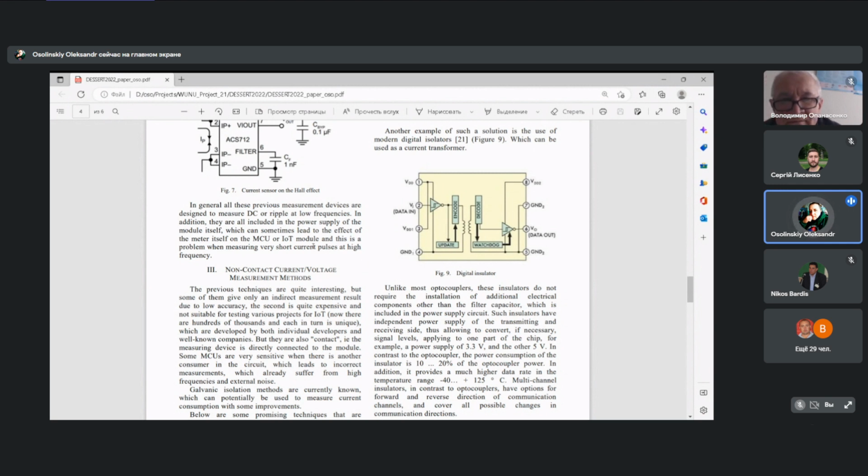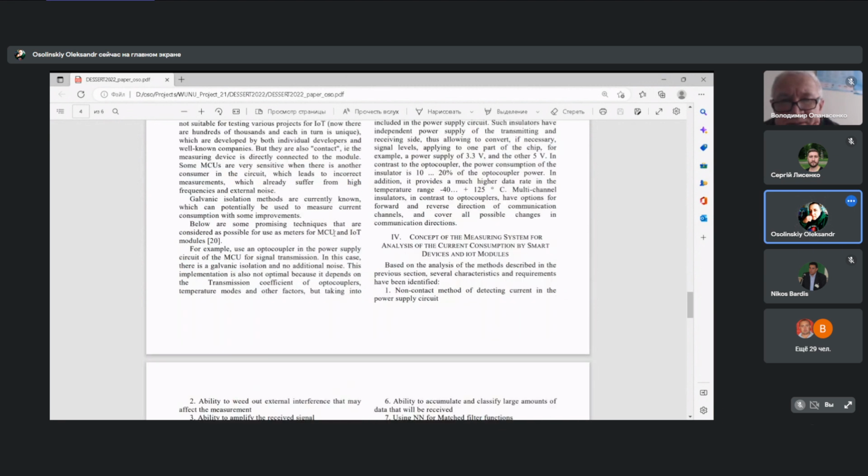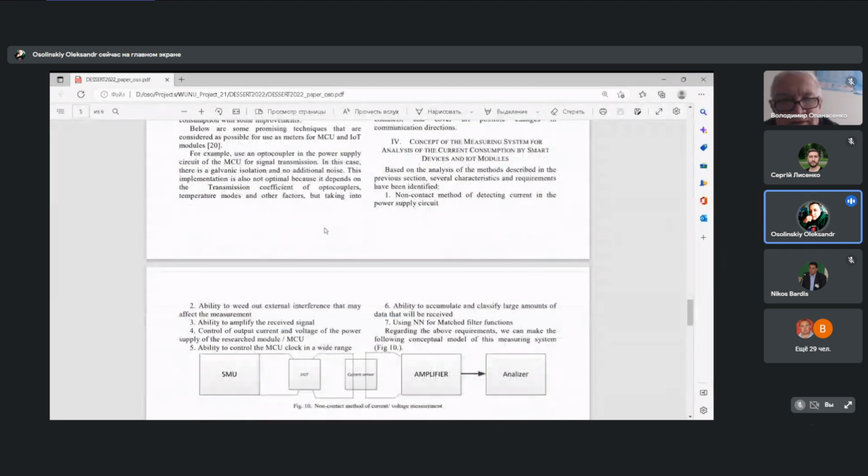I proposed a concept of a measuring system for analyzing current consumption by smart devices. It may be for graphical processor units, and this concept includes a few parts.